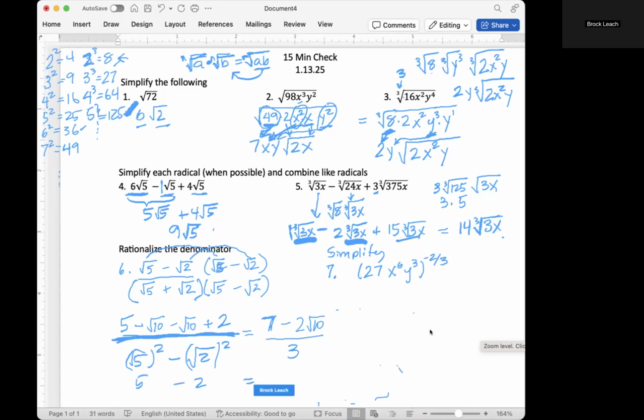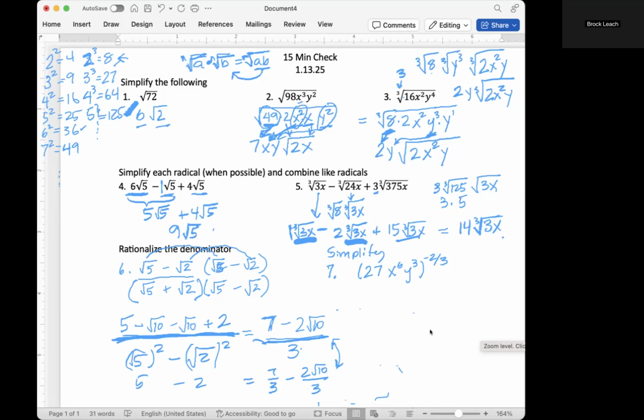You can also break this up as 7/3 minus 2 root 10 thirds. Either one of these is fine. Unless they want it written as two separate things, we tend to keep it as one fraction. We can keep it as a fraction and simplify it. If 3 went into 2 and 7, then we can pull out a number to cancel with 3. But 3 doesn't go into either of those two numbers.